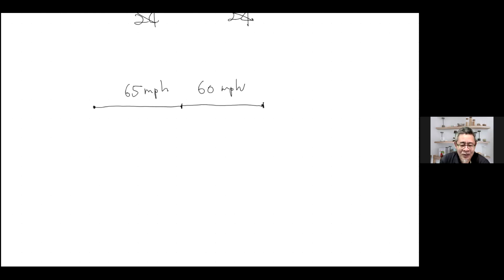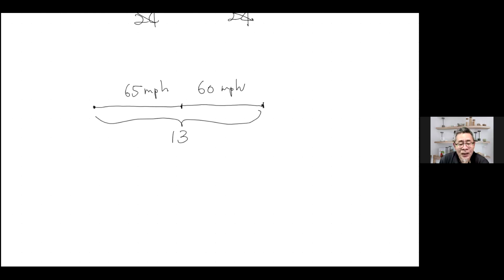And we know the total time is, let's say, 13 hours. Let's make that a little bit interesting. Okay, and we want to find the total distance.